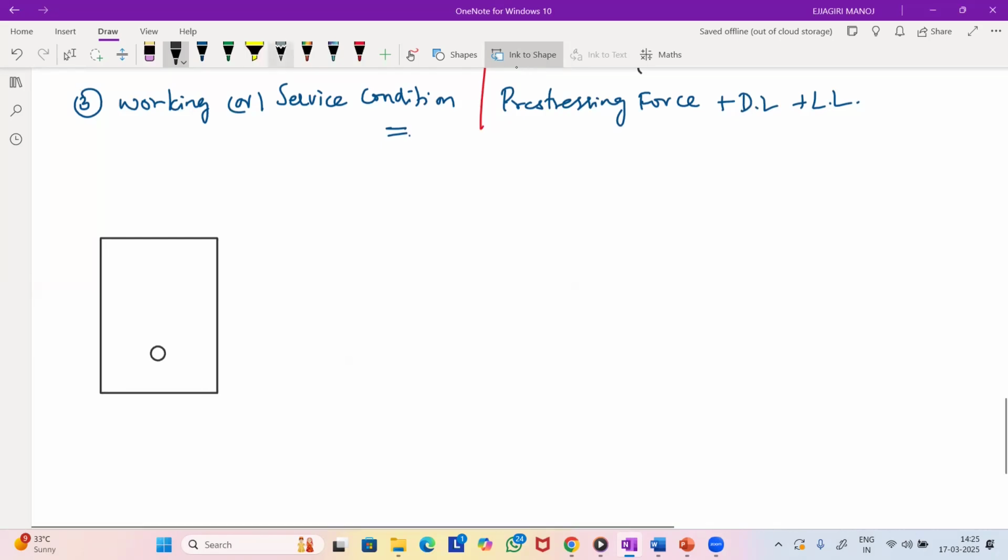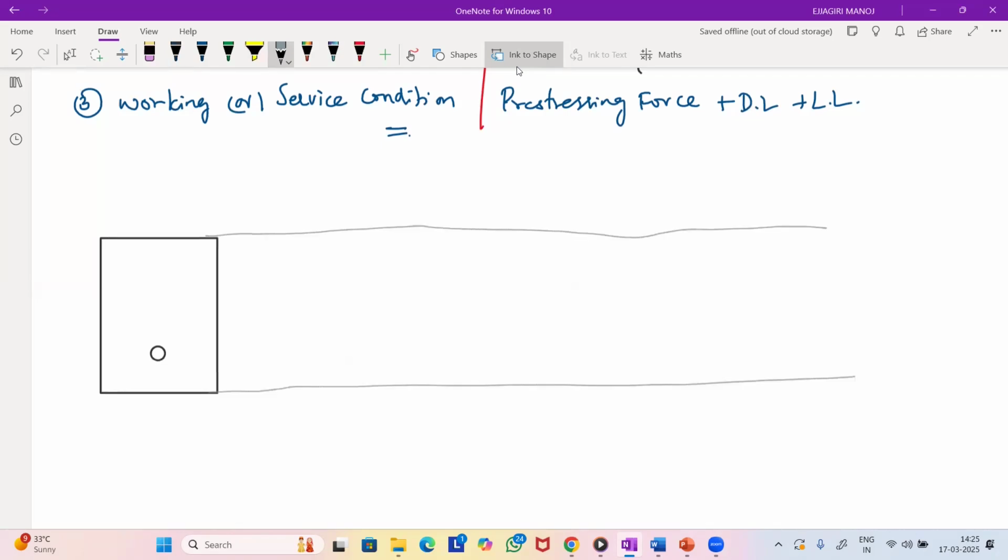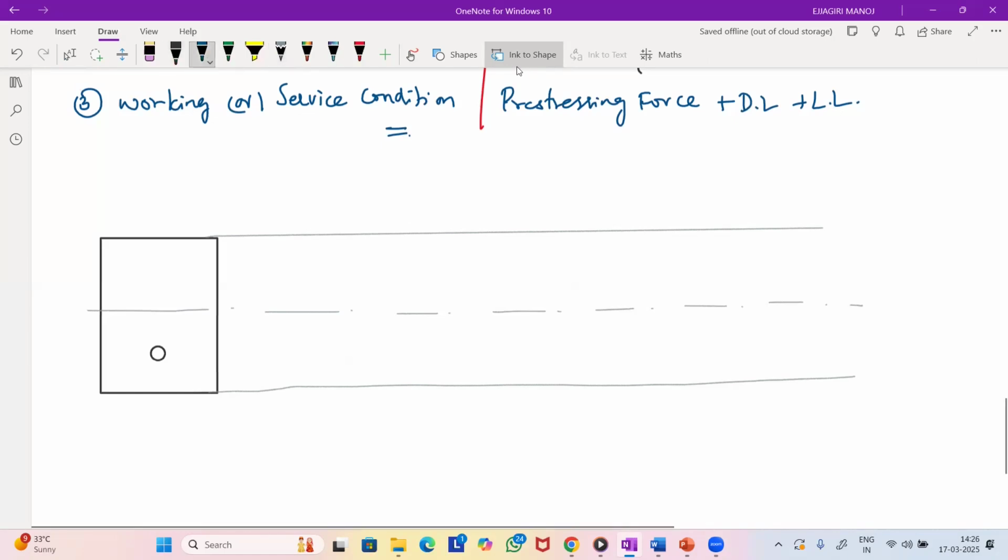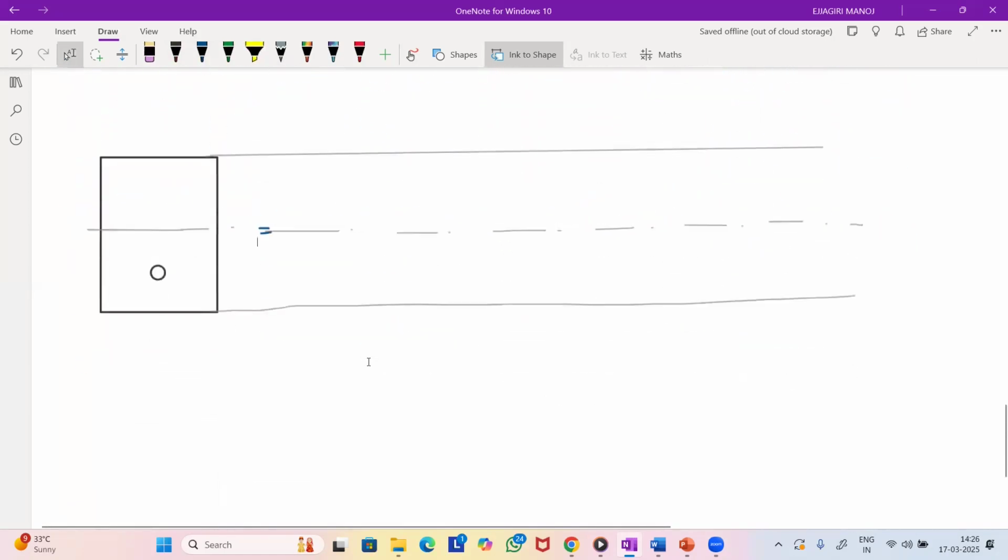For this, let us draw a reference line at top and the bottom, and the center as well. Draw the center line as well. Right. So first you will be having the direct stress.